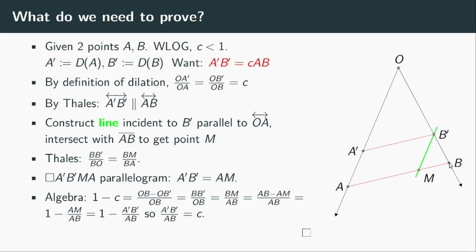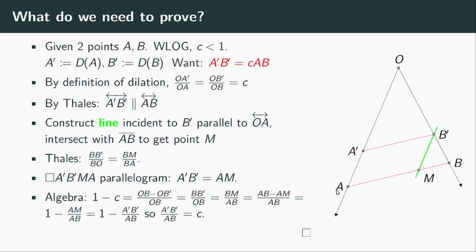Applying the theorem of Thales in that configuration, I get that BB prime over BO is equal to BM over BA.